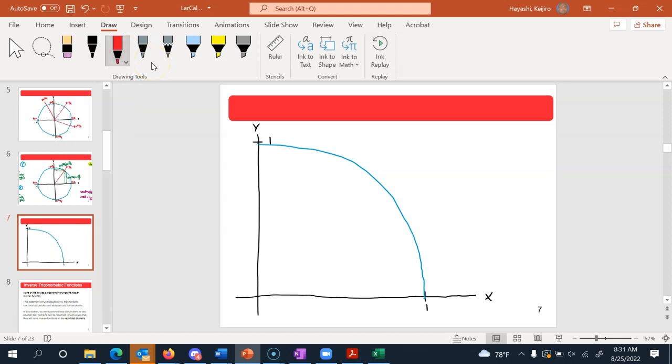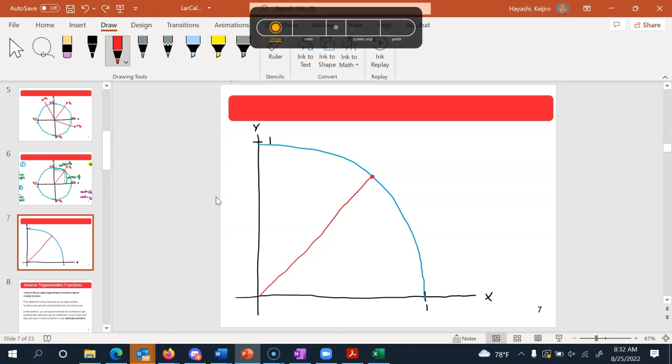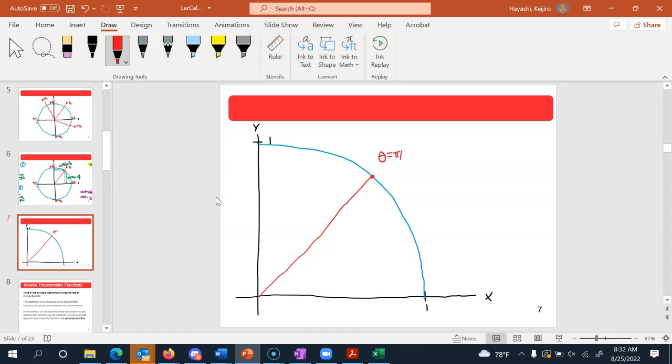So there actually aren't that many commonly thought of angles. Of course there's that 45-degree angle, the angle pi over 4, or 45 degrees, but we're almost never going to really use the degree measures.